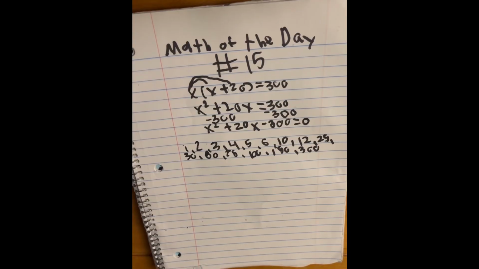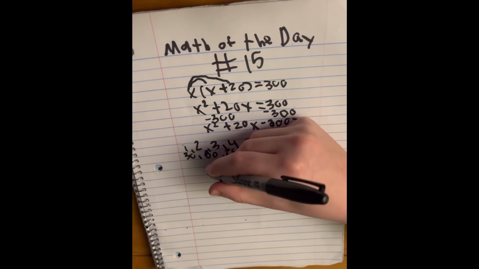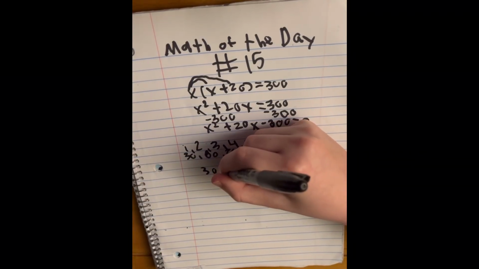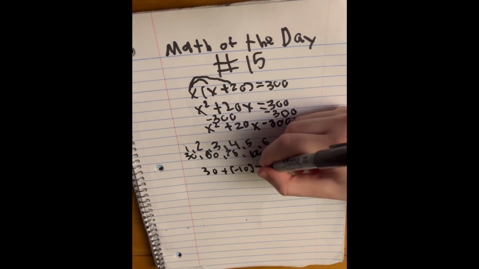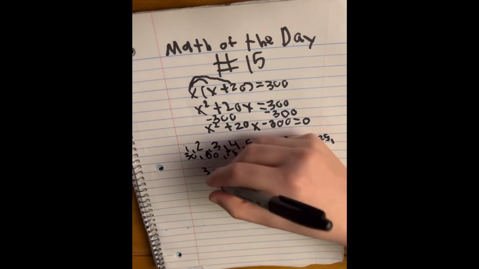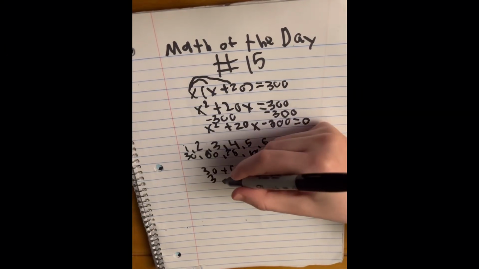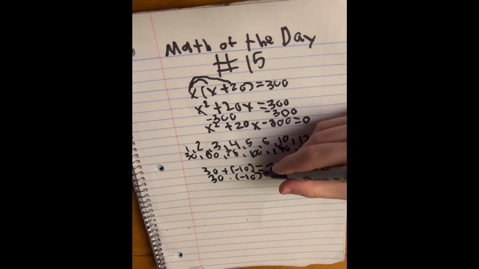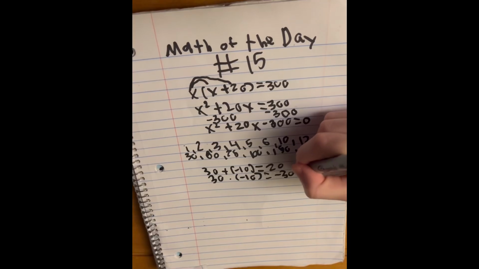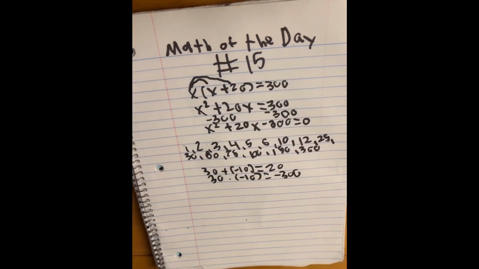Now, here you can try and solve this, but if we take the sum of 30 and negative 10, we get 20. 30 plus negative 10 equals 20. And then 30 times negative 10 gets us negative 300, which is the same as up here.